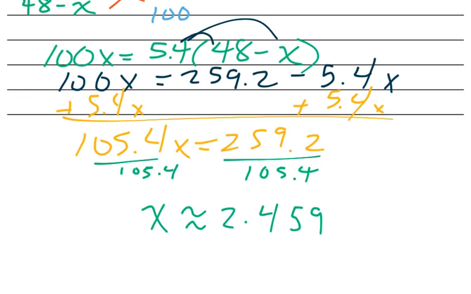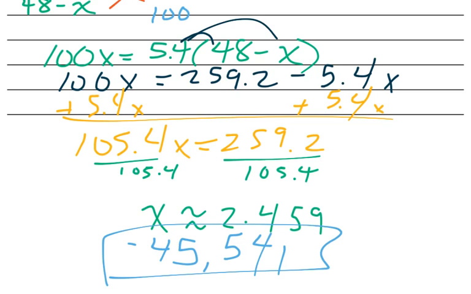But the reason I stopped there is because since this was a $1,000 problem or whatever, I'll jump back and I'll take that 48, and then I'm going to subtract 2.459 from 48. And I'm getting 45,541 dollars. So that's what I figured out the original tuition is.